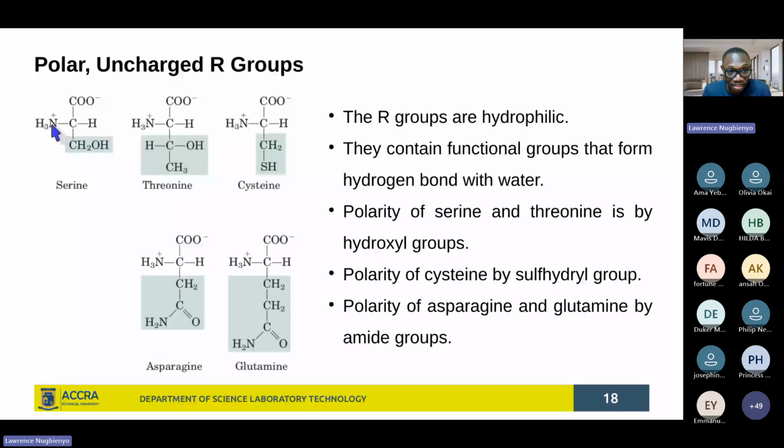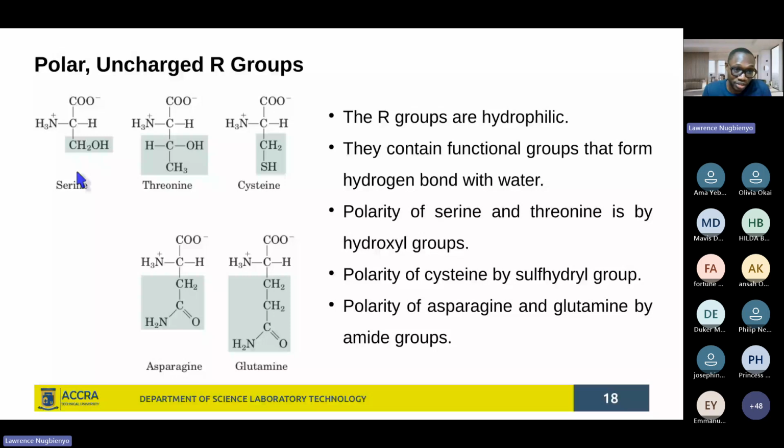So you may be thinking that it is polar because it is also carrying a charge. It's not carrying a charge, but it's just because of the components in the side chain that give it that polarity. So for instance, serine.